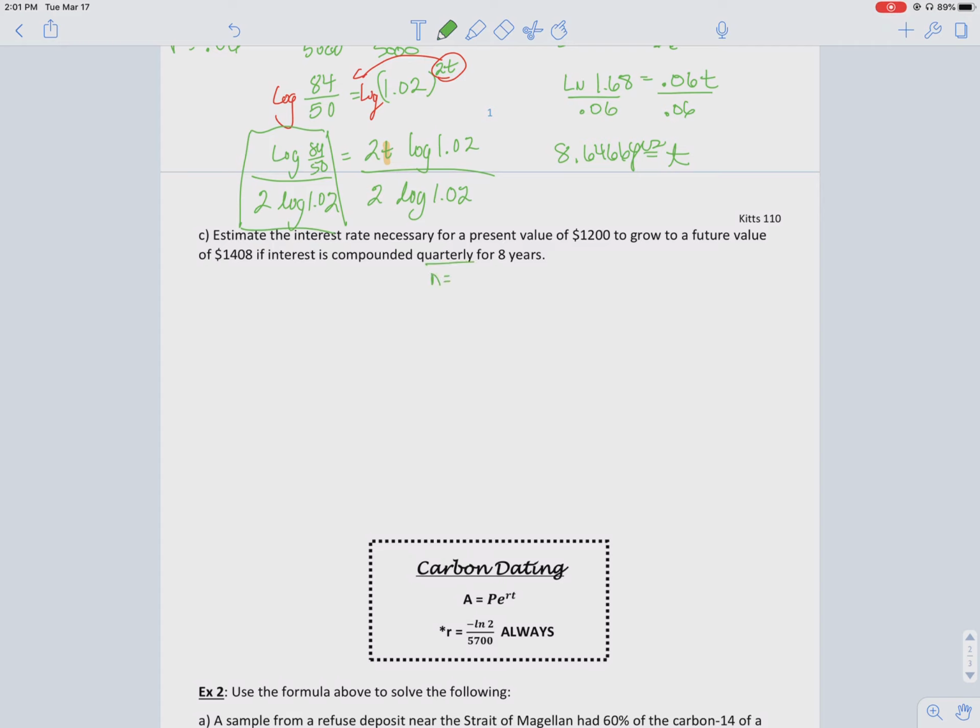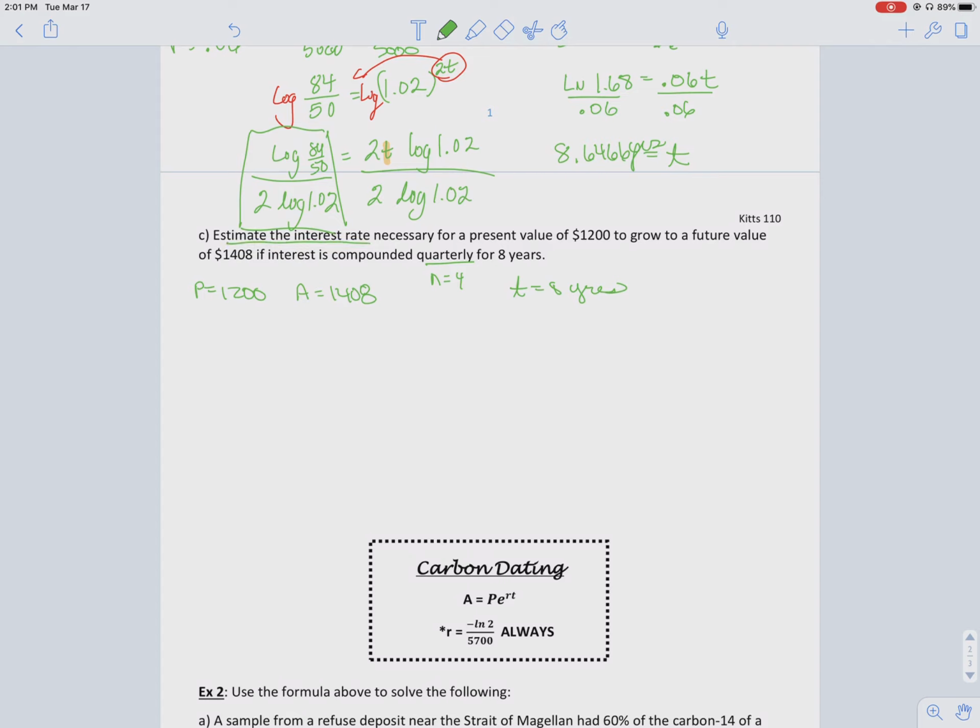So my n is going to be 4. Notice it gave me the present value of 1,200. I want to get 1408. And the time is 8 years. And we don't know the rate because that's what they're asking us for.